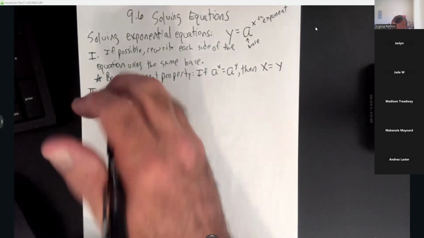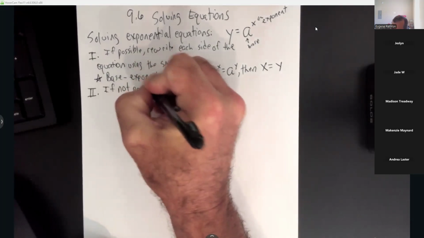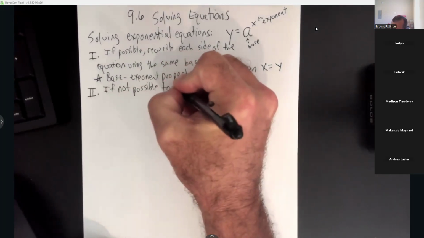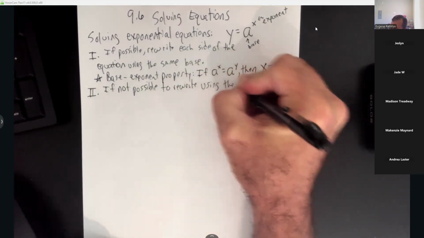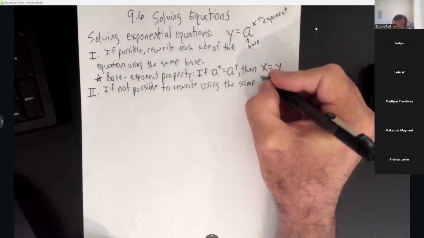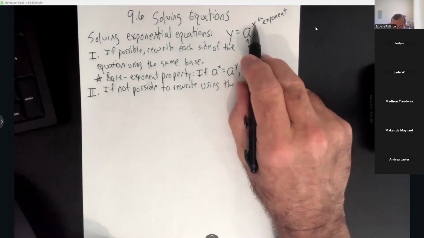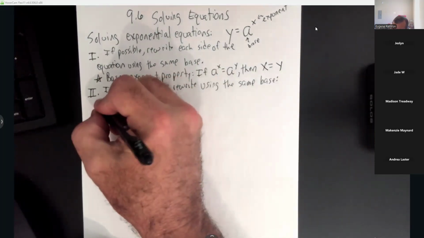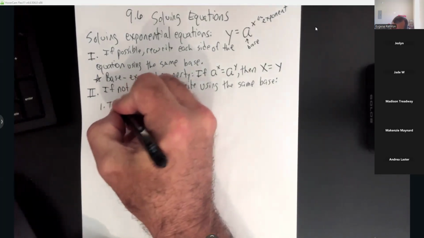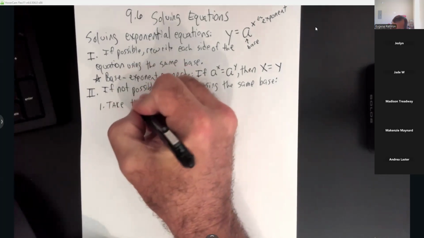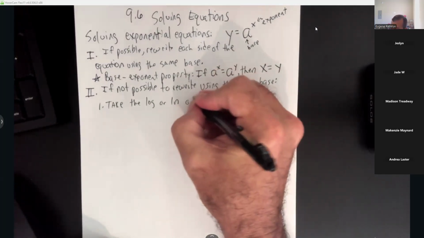So if it's not possible to rewrite using the same base, then we got to go another route to solve for this exponent, okay? So what I would do in that case is take the log or the ln of both sides.